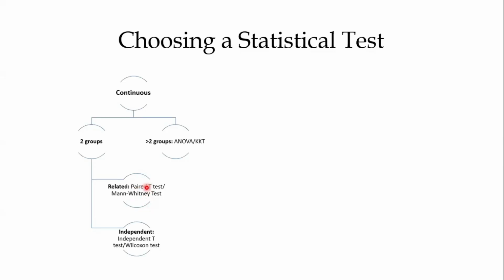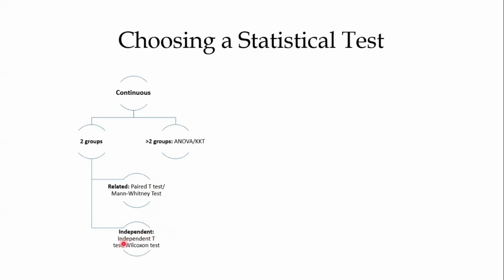So paired t-test is a parametric test because it assumes normality of distribution. It is utilized when you have data that is normally distributed. Sorry, the paired t-test and the independent t-test, both of them are parametric tests. The only difference is that paired t-test is used in related groups.